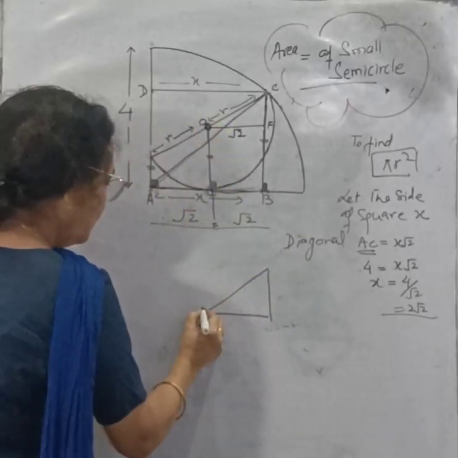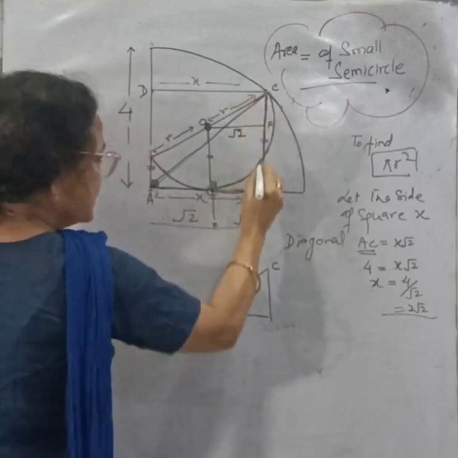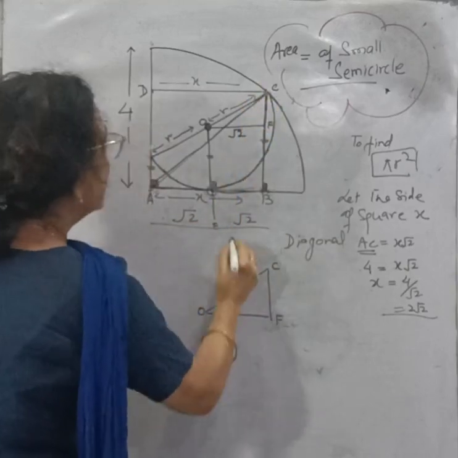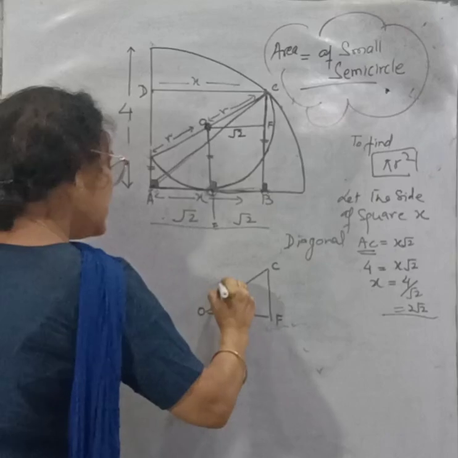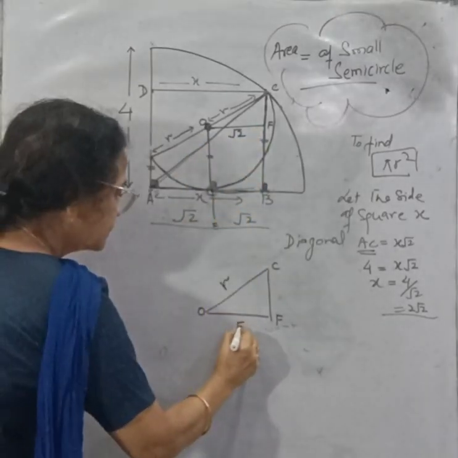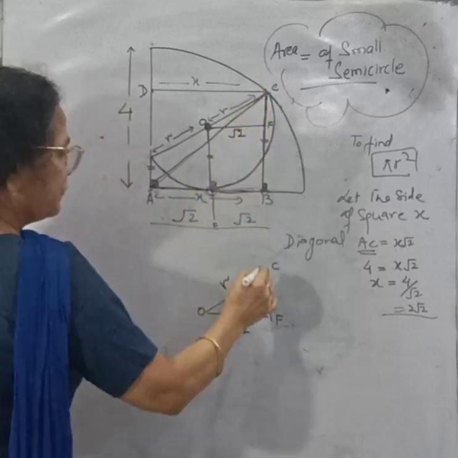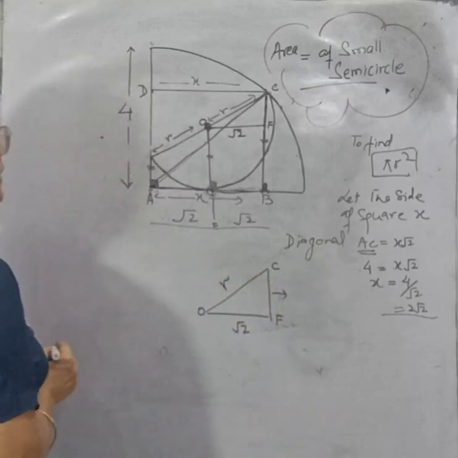This point is O, this point is C, this point is F, this portion is R, this portion is root 2. And this portion FC is not known to us, this is to be found.